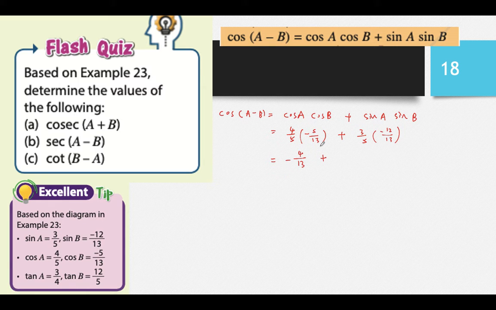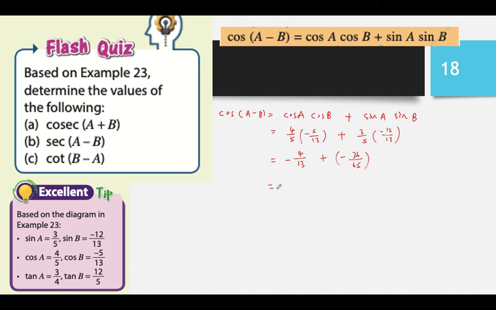This one I will use calculator. 3 over 5 multiply negative 12 over 13 is minus 36 over 65.